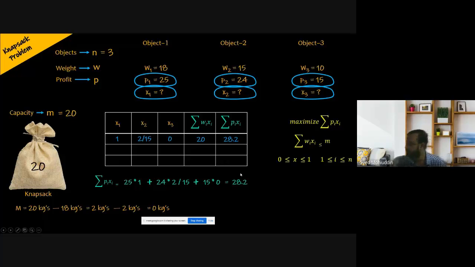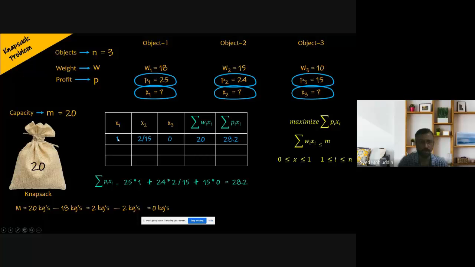Now, what did we achieve? This constraint was satisfied, 20. The knapsack is filled with 20 kgs, the complete knapsack is filled.